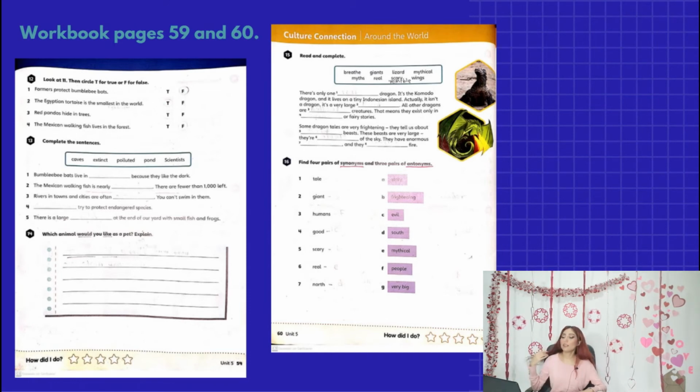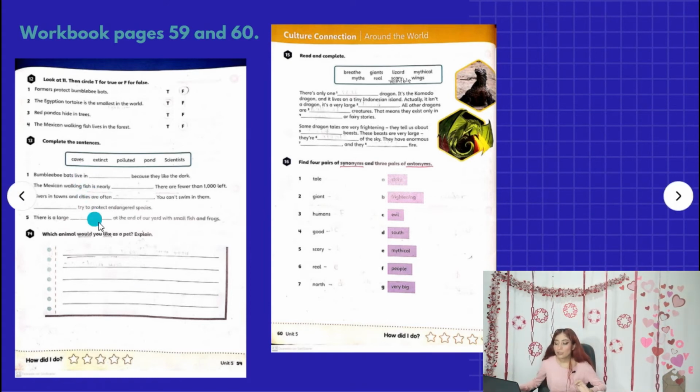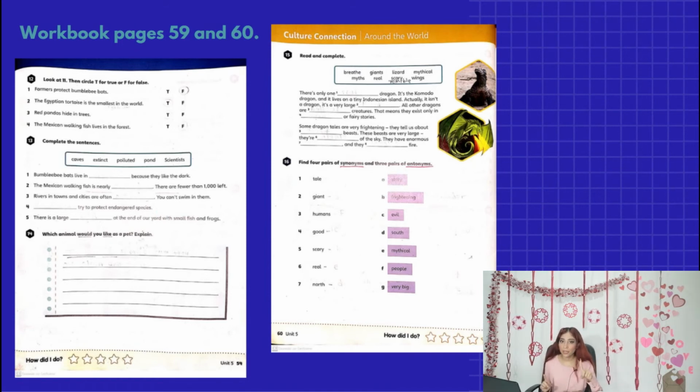When you finish activity 13, you will be able to do activity 14 that says, which animal would you like as a pet? Remember, it would never be a good idea to have a wild animal as a pet. This is just an example. If you were able to choose an animal as a pet, remember, it's not okay. Which animal would you like and why?